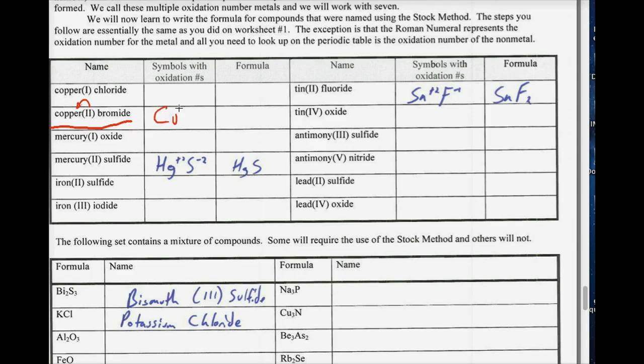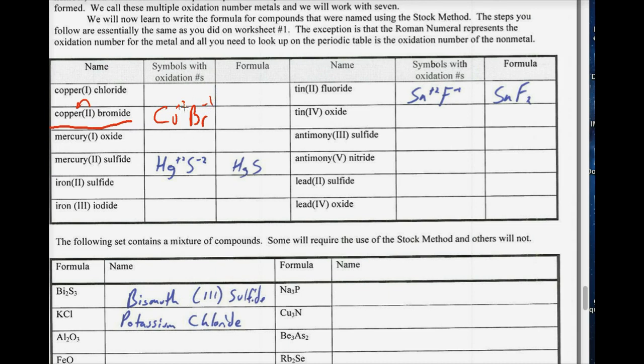So when you're actually writing the formula, this is routinely called the little bit harder system, the stock method of using the Roman numerals. When you're writing the formulas, it's actually easier. You don't have to look them up. They're giving us the metal charge, so we don't have to look that up. We only have to look up the negative component.